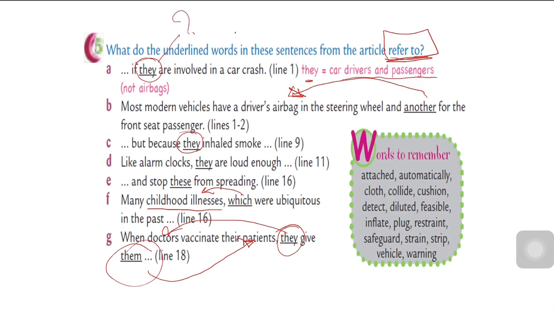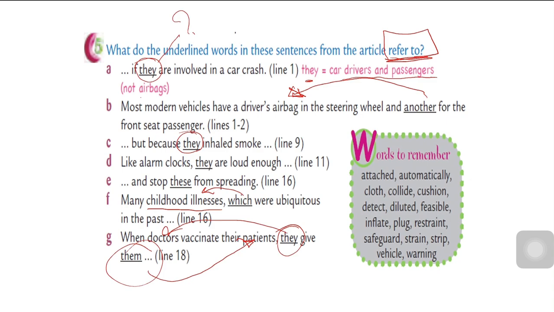I need to know who. So I go back to the sentence just before to check. I find out that they here refers to what? Yes, car drivers and passengers, not airbags.